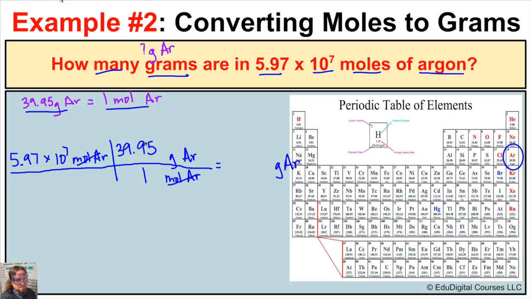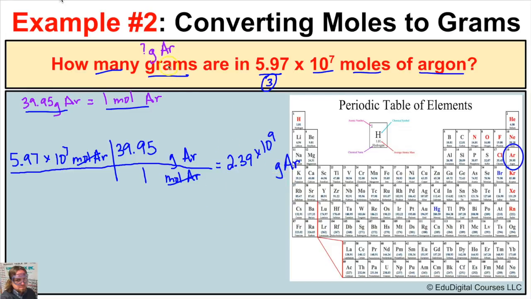So let's go ahead and do that. We have 5.97 times 10 to the 7th times 39.95. And if we put this in scientific notation and round to the correct number of significant figures, we have 3 sig figs right here. So our answer must be 3 sig figs. We're going to end up with 2.39 times 10 to the 9th grams of argon.